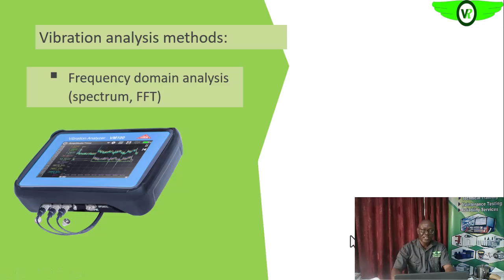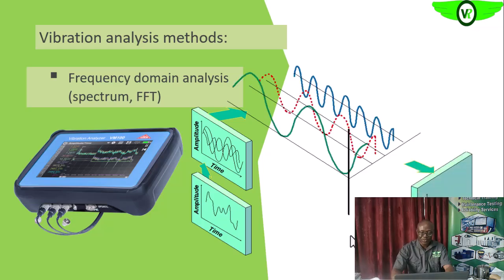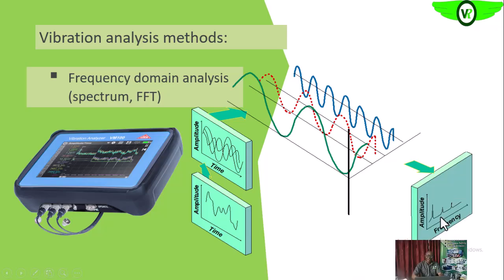Then the next thing that we can do is to carry out the fast Fourier transformation on the waveform that we talked about earlier. We have discussed this earlier too, which basically is the separation of those waveforms that have been superimposed to give us this waveform into their various frequencies of occurrence.